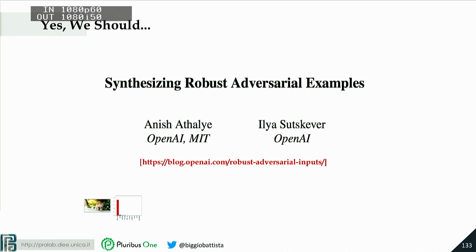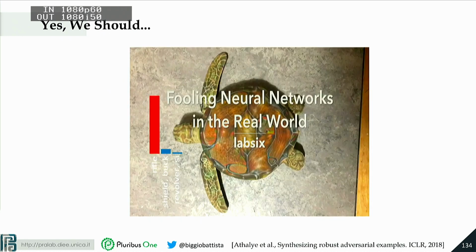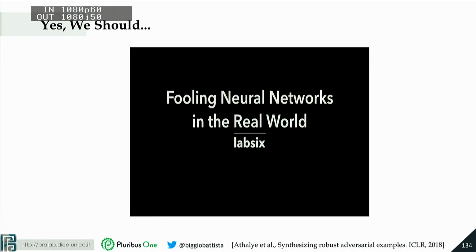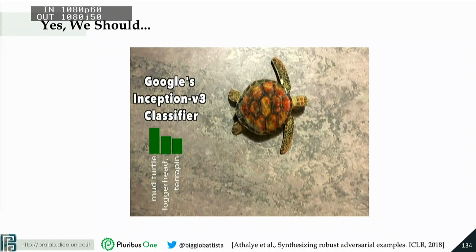You create the noise against all these images, and then you average the noise. And therefore, you have a kind of unique noise model that you can apply to all images, and that is robust to these changes in the location and pose of the object. And then the same authors have gone even farther. So they have created these 3D objects. So this is a 3D turtle, which is correctly classified.